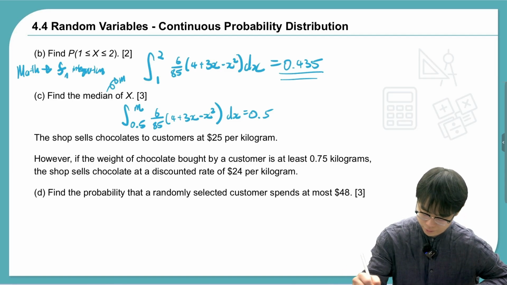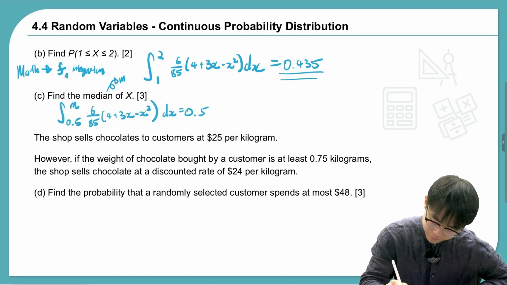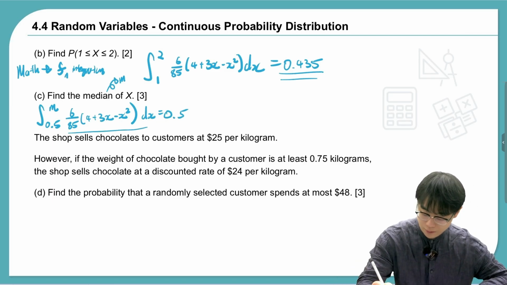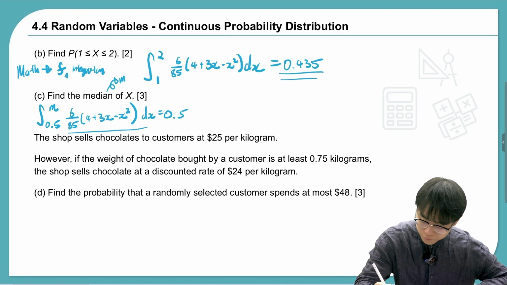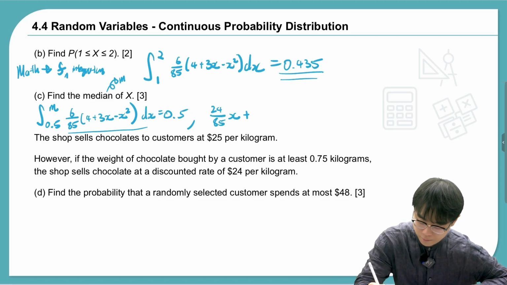So what we want here is, if we were to move this to the left, we just want to perform this manually. So we would have 24 over 85 x plus 18 over 85, but we now have x squared.